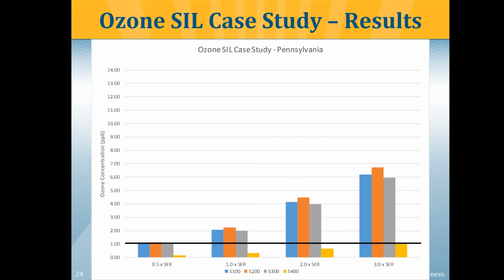Now, same set of sources, slightly different configuration of the facility, definitely different meteorology, and completely different terrain. If you run that, you can see that now the impacts from all sources except the highest, the 400-foot stack, are getting really close to or exceeding the 1 ppb SIL. A couple of things. The variation is not only due to the location difference, but also due to the terrain height. So meteorology and terrain both are impacting that.